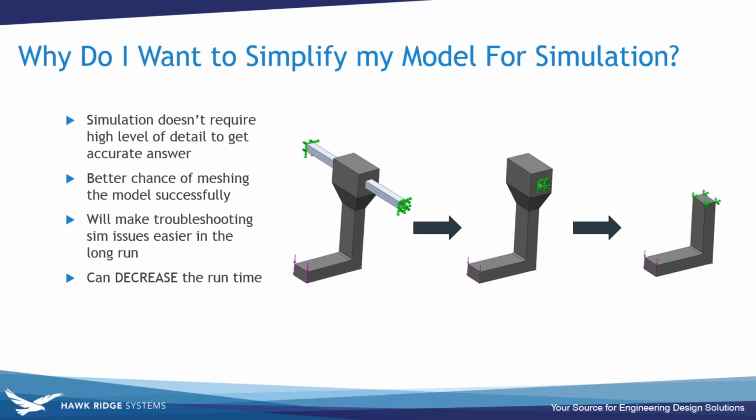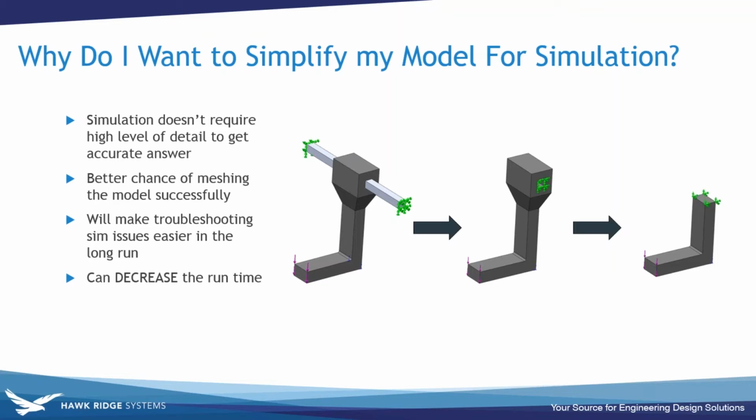one of the common issues that I get is, my part won't mesh, or my assembly won't mesh. Of course, there are a number of different reasons why a part or an assembly won't mesh, but a lot of the time the level of detail inside the model is just too much to account for what the appropriate element size should be.